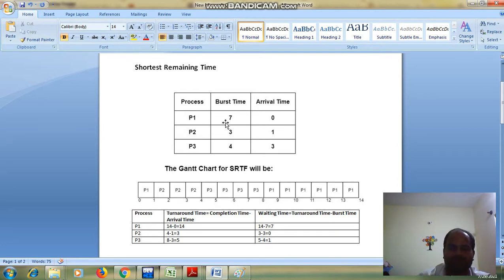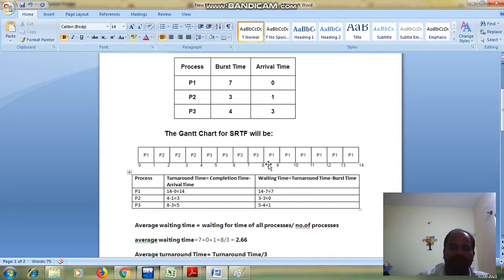P2 and P3 have completed their execution. So P1 gets the next 6 seconds: 1, 2, 3, 4, 5, 6.